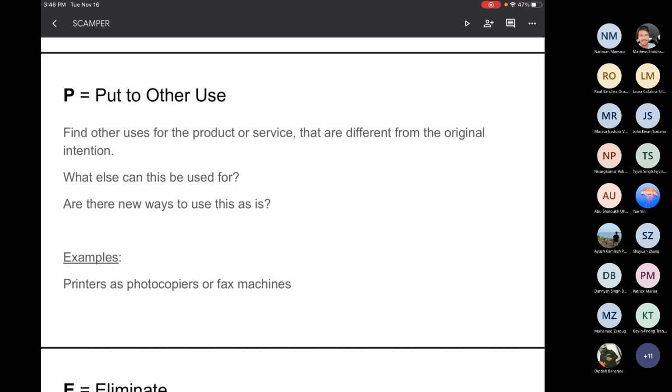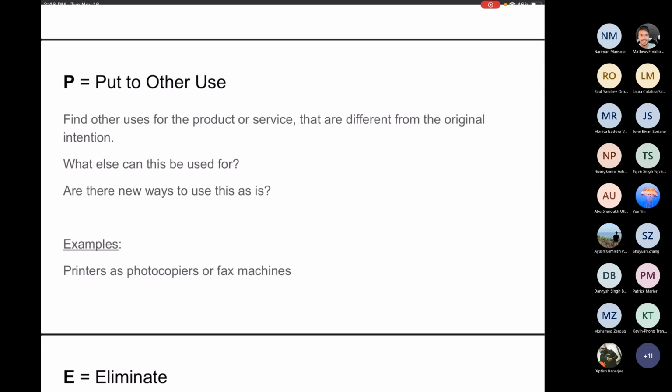It's the same with photocopiers. It only started as printers. Then they became fax machines. Then they became photocopiers. Then they eliminated them altogether. So you can have the same product as it is, and sometimes you can put it into another use, like paper clips. I can come up with different ways of using it.